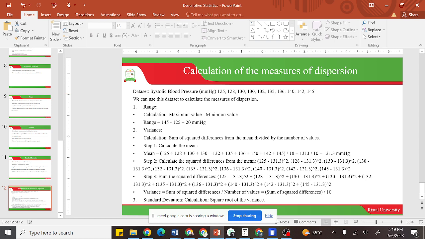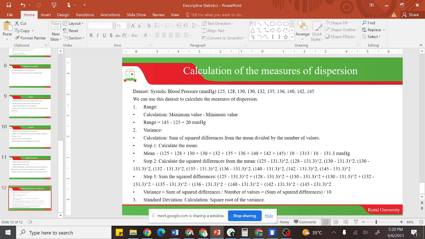So for each figure, assuming we have calculated the mean, which is 131.3 millimeters of mercury, for each point here we subtract the mean and then square it. After that, you add all of them.